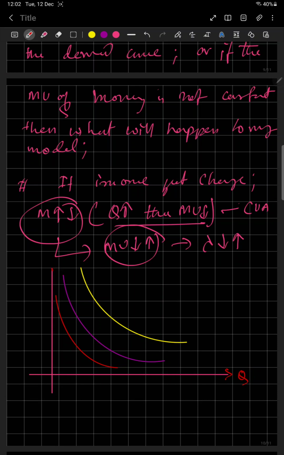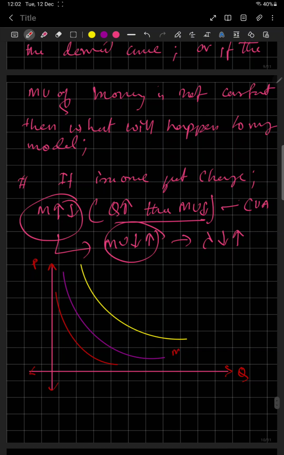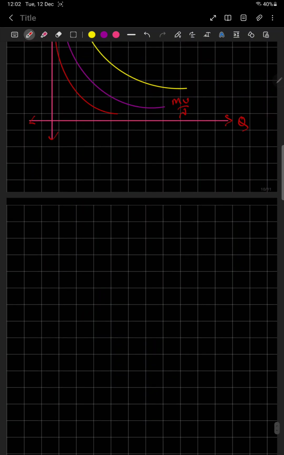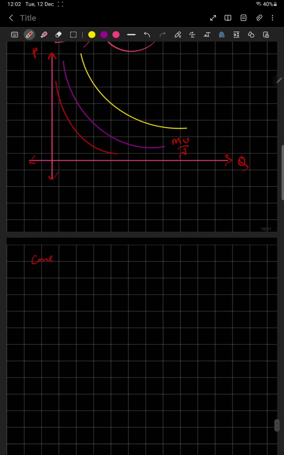So we are considering Q on the horizontal axis and P on the vertical axis. What is the equation of the demand curve? Mu by lambda. Mu is the marginal utility of the commodity and lambda is the marginal utility of money. Now case 1: if M or income rises, then the marginal utility of money lambda will fall.